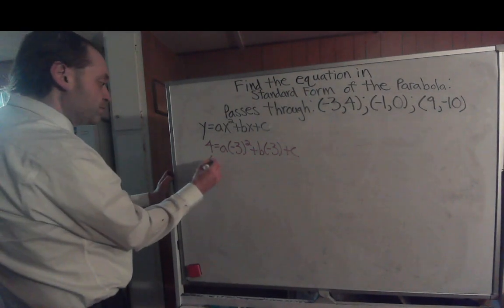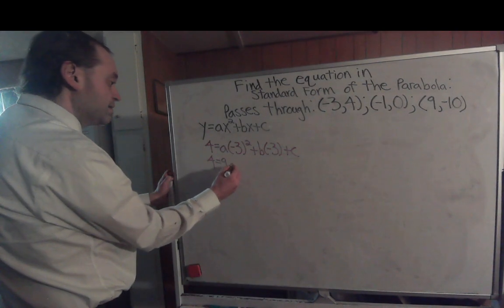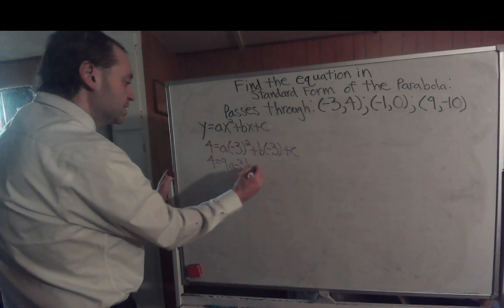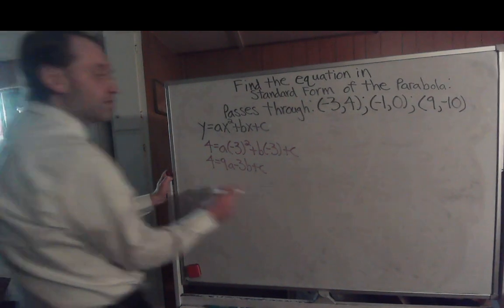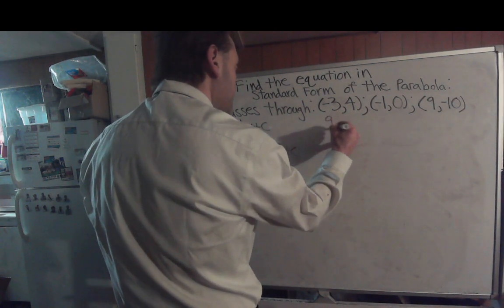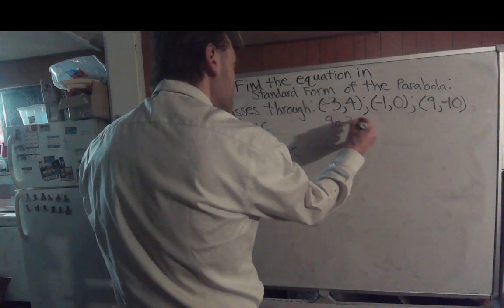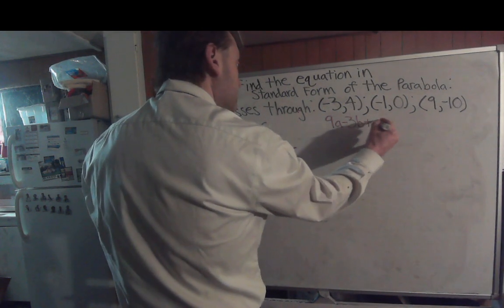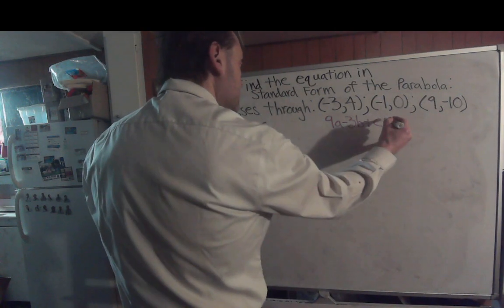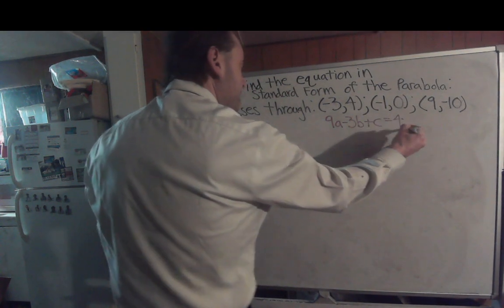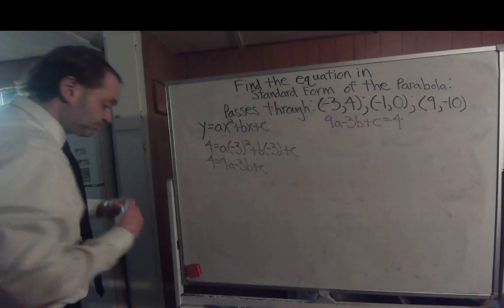So that means 4 would equal 9a minus 3b plus c. So now we have our first equation here, 9a minus 3b plus c would equal 4. So there's your first one.